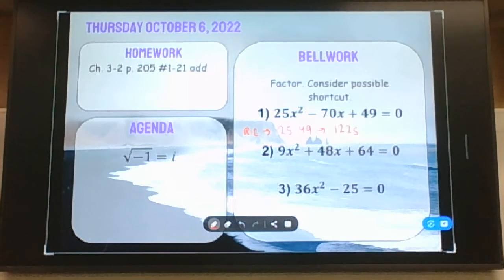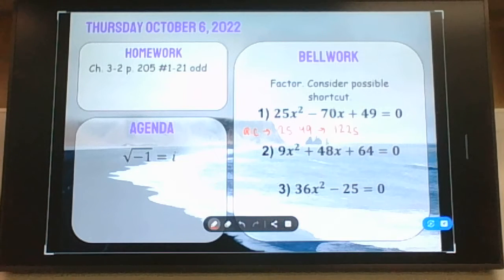Okay, that's called a perfect square trinomial. So I have it written here. Perfect square trinomial. It has its own special name. There's a perfect square in the A spot, and there's a perfect square in the C spot. So to factor it, I actually shortcut it. I don't do this whole process.